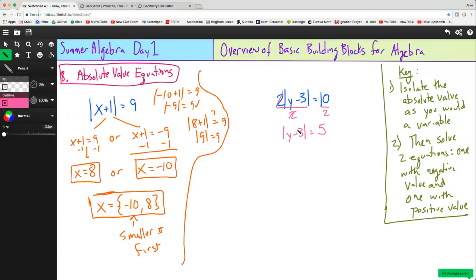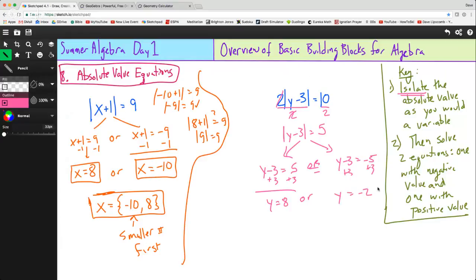Now that we have our absolute value isolated, we can split into 2 equations. And we get y minus 3 equals 5, or y minus 3 equals negative 5. And here we're going to add 3: y equals 8, or y equals negative 2.